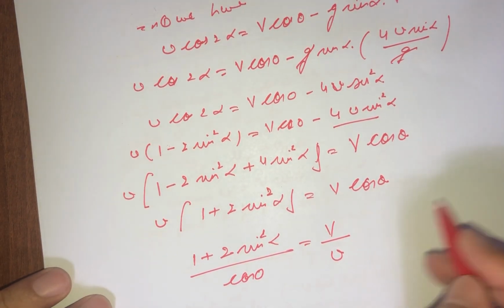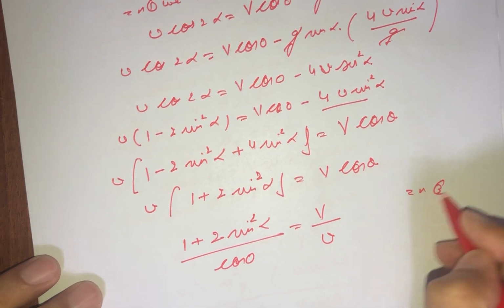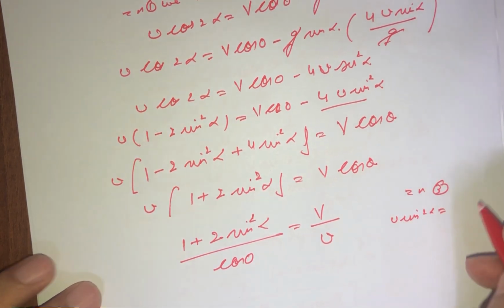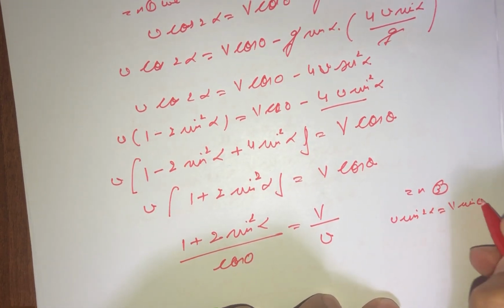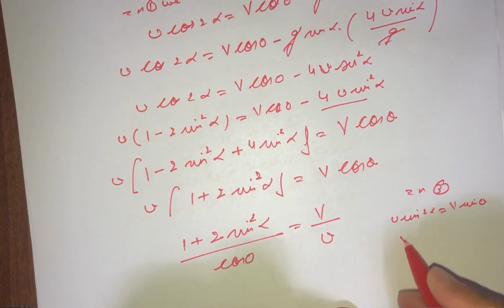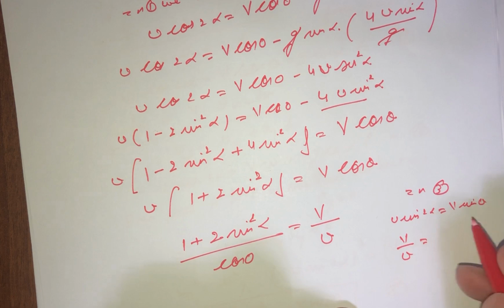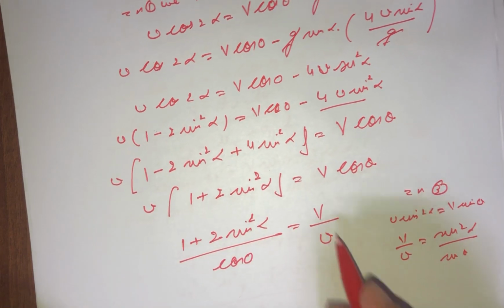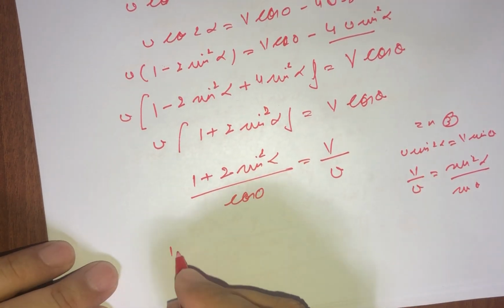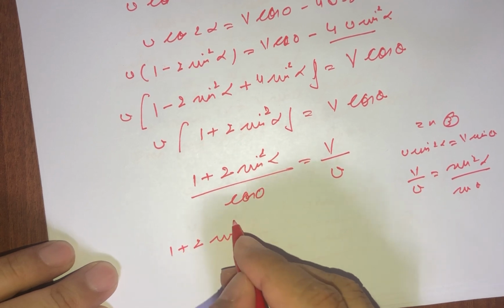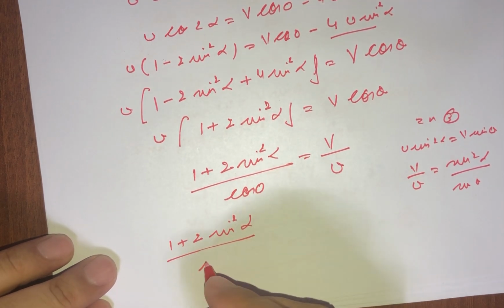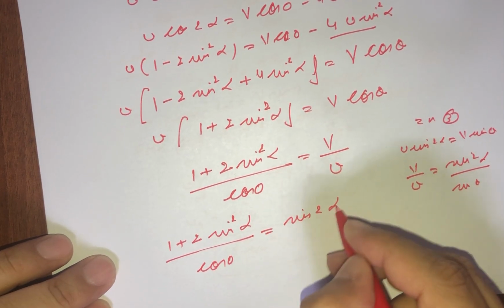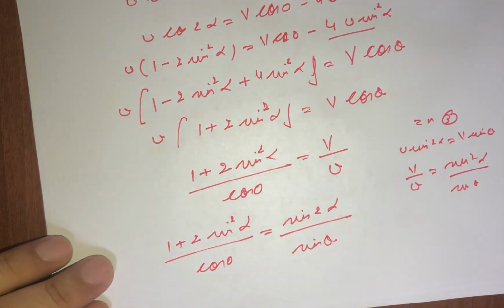And from equation 3 we already have that v sine 2 alpha is equal to v sine theta. So from here we find capital V divided by small v is equal to sine 2 alpha divided by sine theta. So we put here, so we get 1 plus 2 sine square alpha divided by cos of theta is equal to sine 2 alpha divided by sine theta.